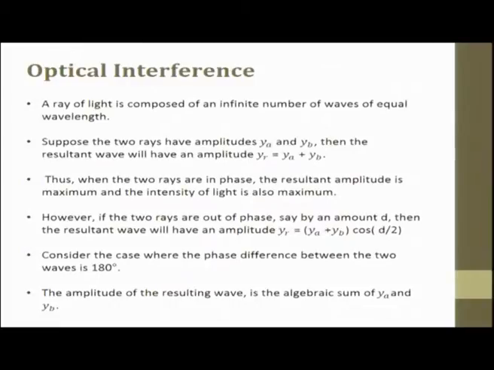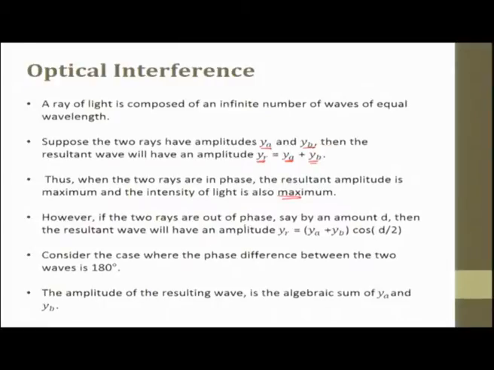A ray of light is composed of an infinite number of waves of equal wavelength. Suppose two rays have amplitudes YA and YB, then the resultant YR is going to be YA plus YB when the two rays are in phase, so maximum intensity will be there.